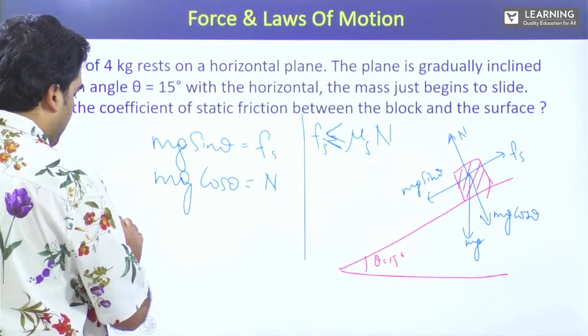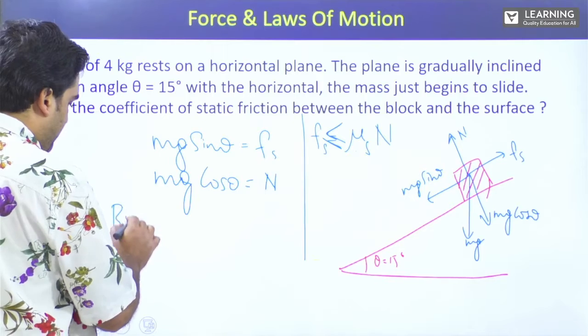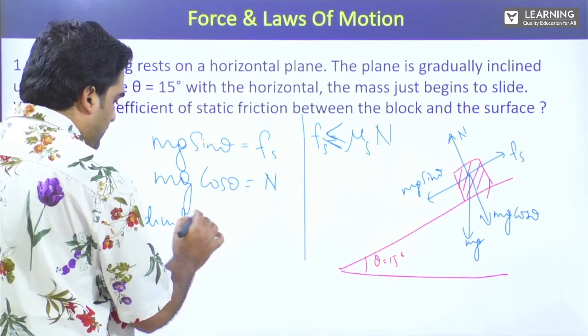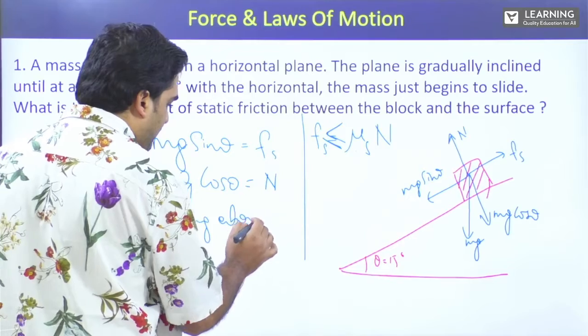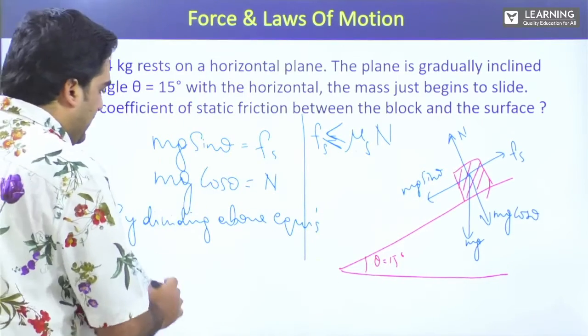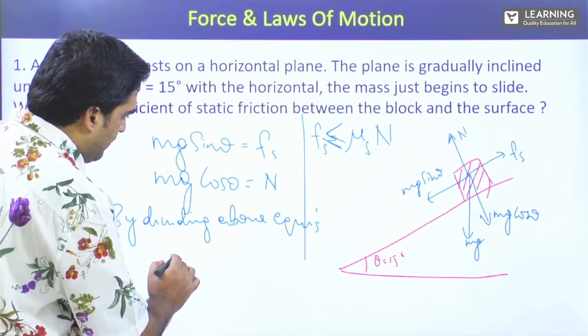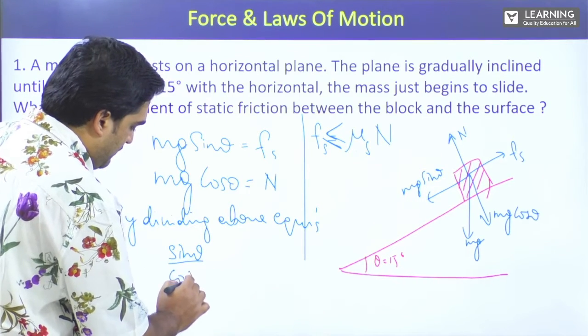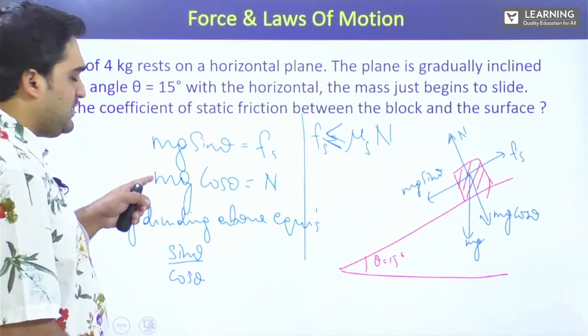By dividing the above two equations, I get sine theta by cos theta. What happened to mg and mg? They cancel.